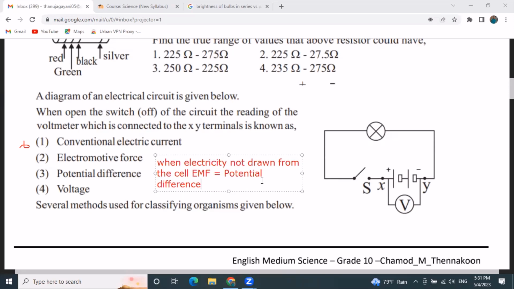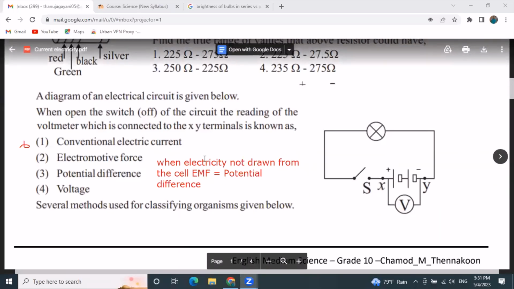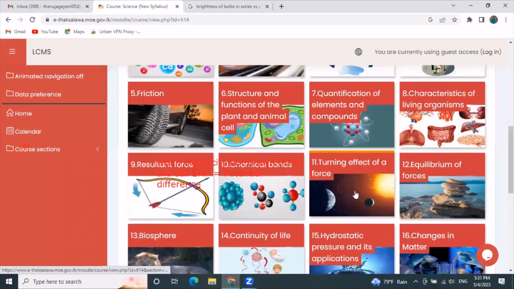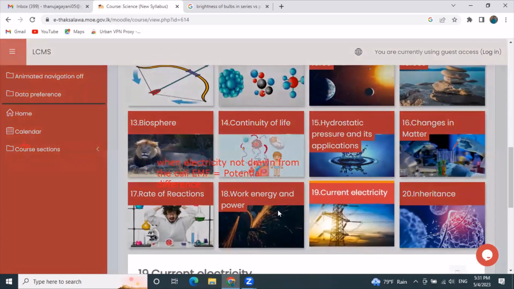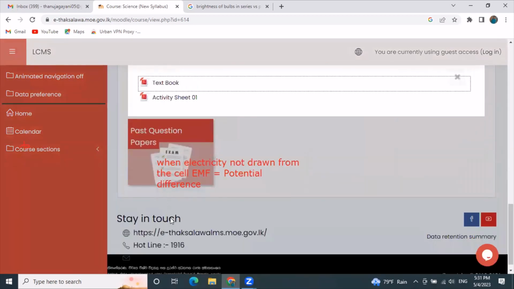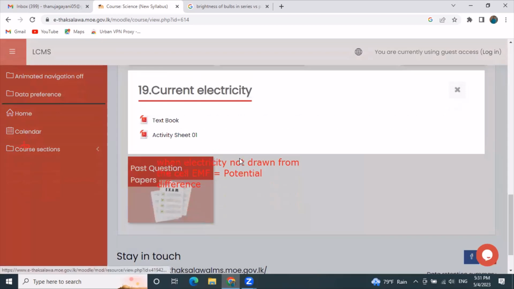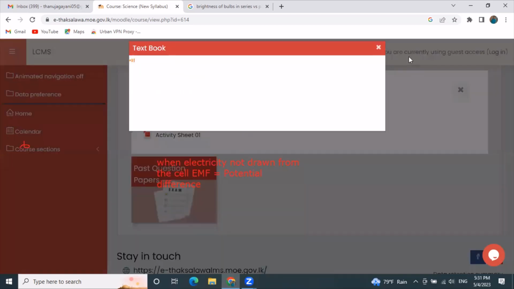Here they clearly say that the switch is off. Switch off means electricity is not drawn from the cell. I will show this point in a textbook. Here you can see the lesson, current electricity.